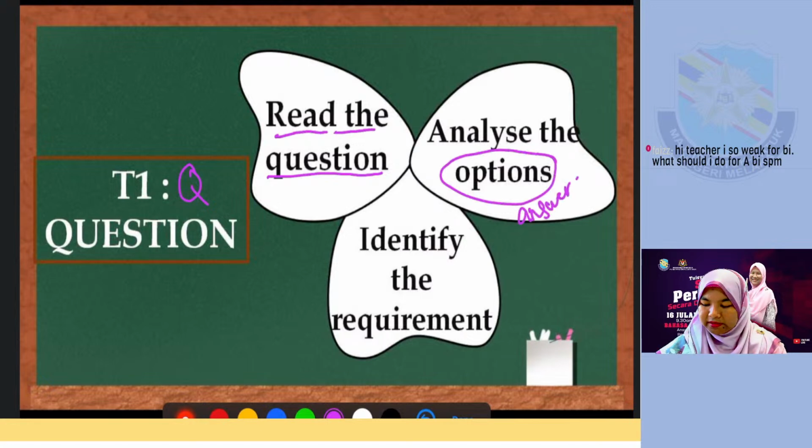For part 1, how many options do we have? Anyone knows? Actually, we have 3 choices of answer, A, B, or C. Since the options are limited, only 3, it should be easier for you to analyze and get the correct answer.